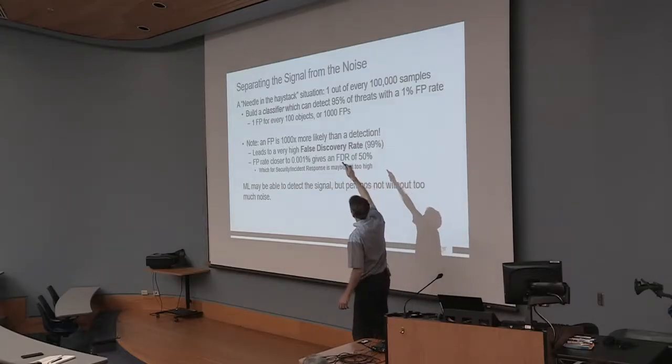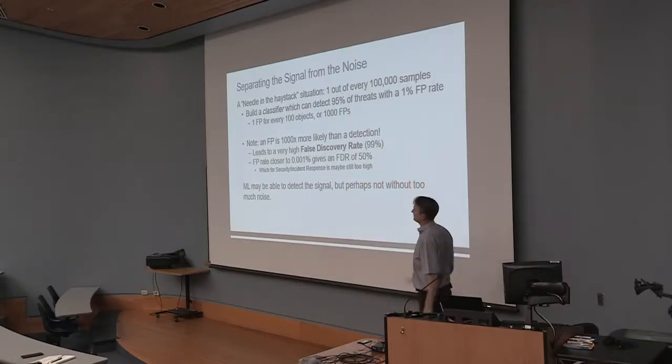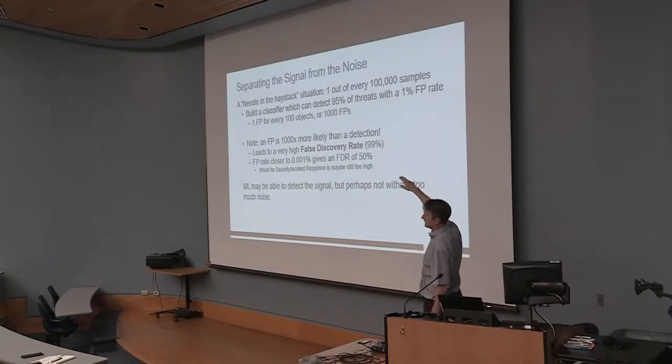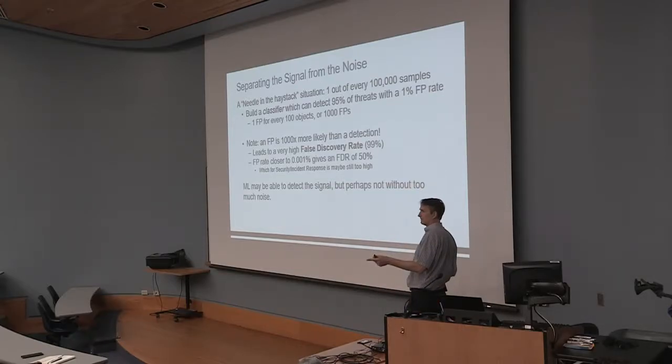And this is why. If you have a situation where the event is 1 out of every 100,000, and you build a classifier that's got a 1% false positive rate, can detect 94% of the samples, that means you're going to get 1 false positive every 1,000 samples. Right?